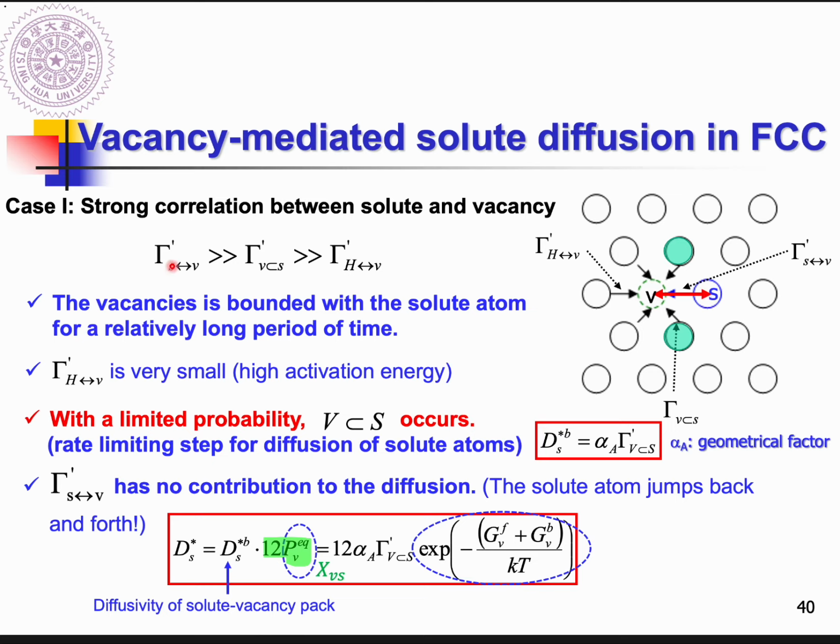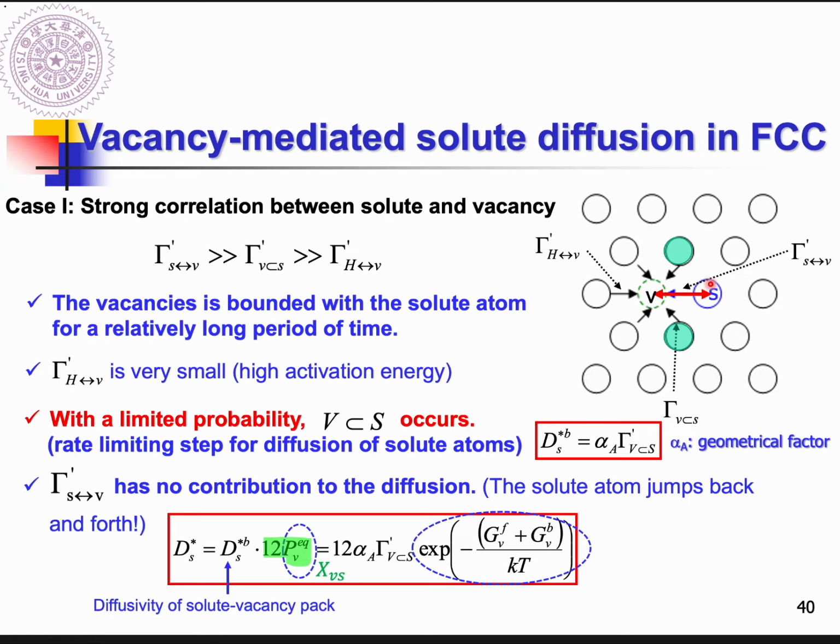Due to the gamma prime SV being much larger than the others, they always exchange location. So if you put the solute at the center, the coordination number of FCC is 12, right? That means the vacancy can show up at the nearest 12 locations nearby the solute atom.